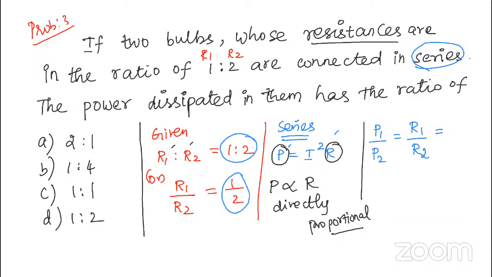So here we write 1 by 2. Then the value of P1 is 1 and the value of P2 is 2. Now write it in ratio format: P1 is to P2 is equal to 1 is to 2. So which option is right? Option D is the right one.